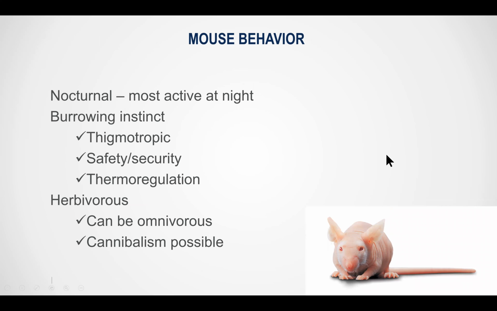Mouse behavior. As I mentioned, mice are nocturnal, they're mostly active at night, and they have a burrowing instinct. They are thigmotropic, so they actually like that sense of feeling something close to them, right?